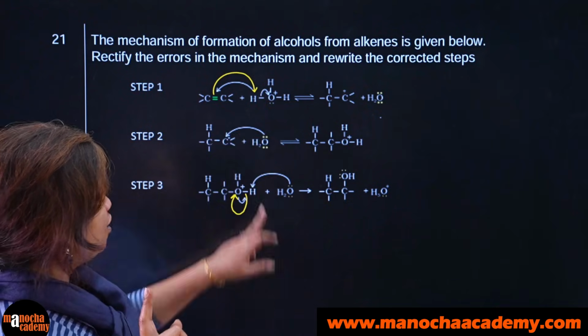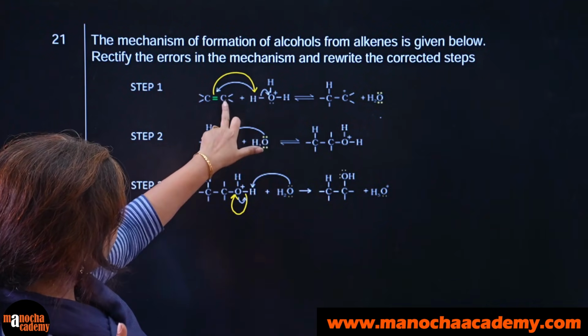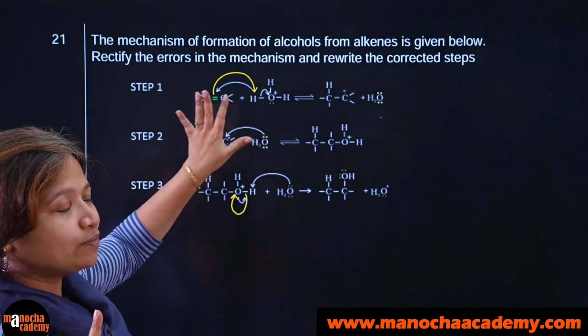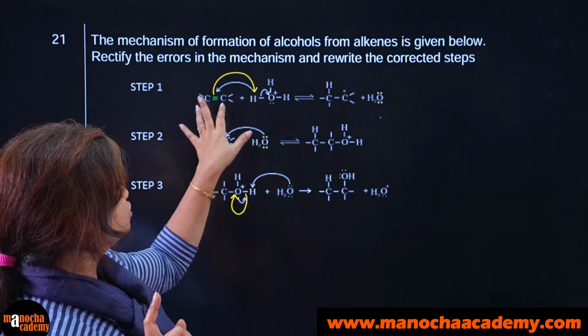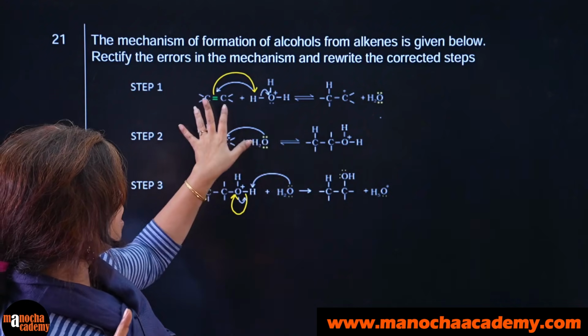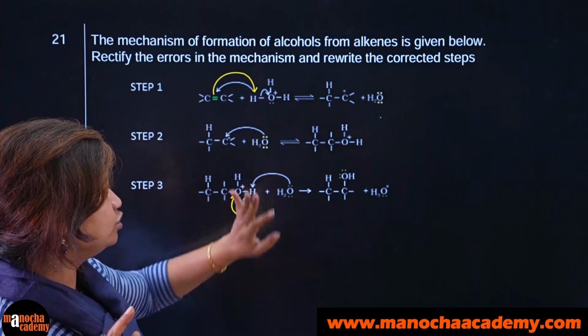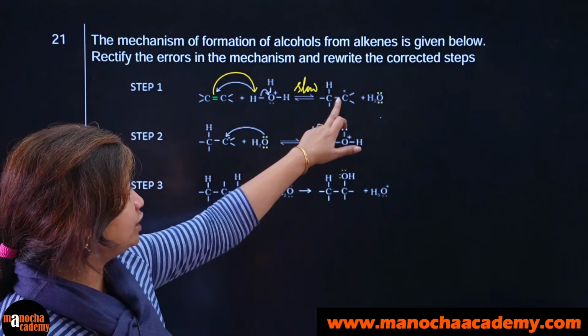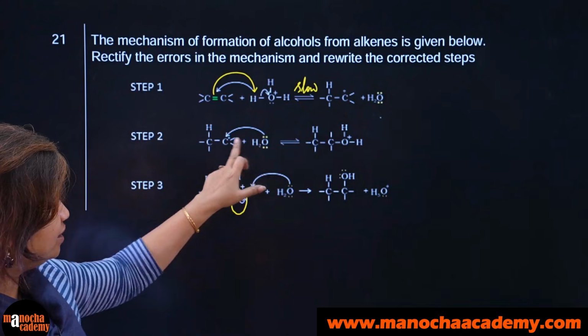Now, after this, the water is adding to any of the carbon atoms because it's a symmetrical alkene, so Markovnikov's rule doesn't apply here. So you get a carbocation. Though here it's not mentioned slow or fast, this is a slow step. Once the carbocation is formed, then the proton acts on the carbocation. This is correct.